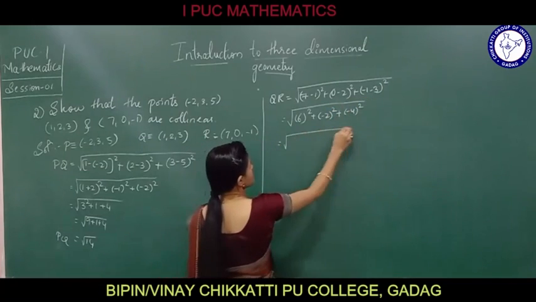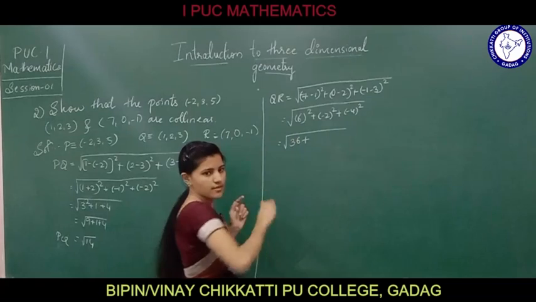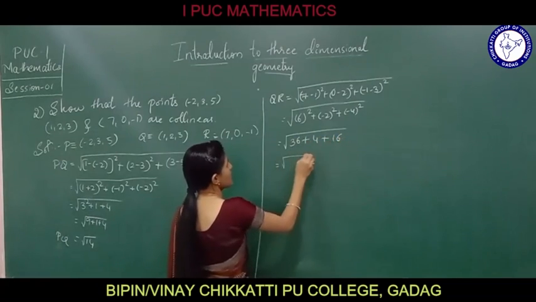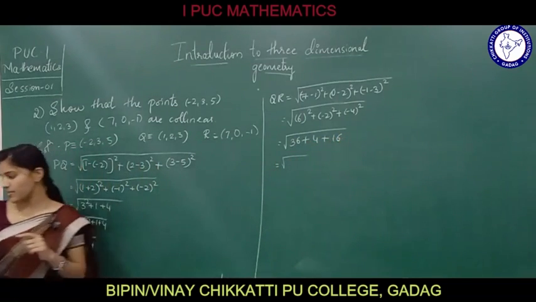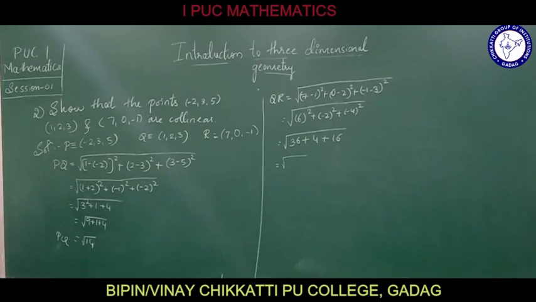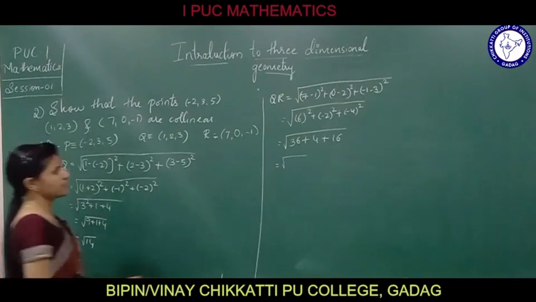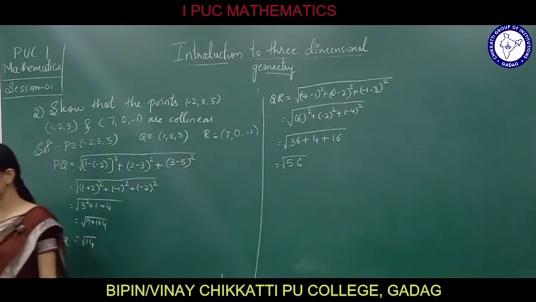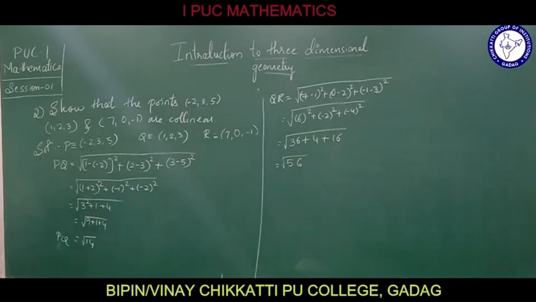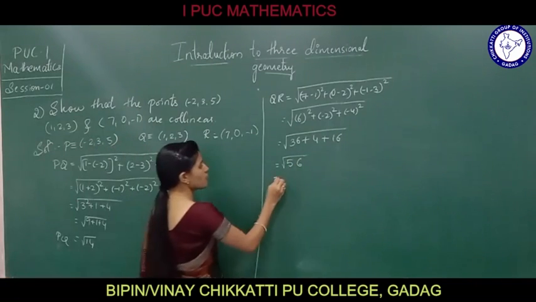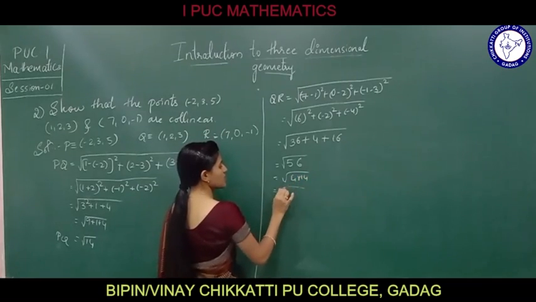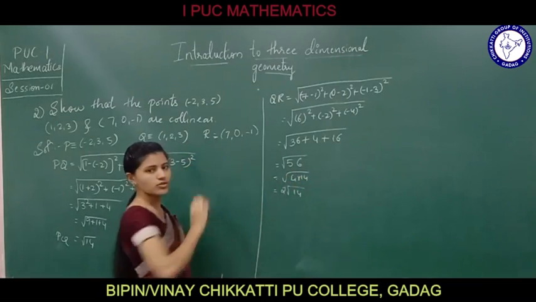Nothing but 6 square is 36, plus minus 2 square is 4, plus minus 4 square is 16. I got 36 plus 4 plus 16, which is root of 56. How can I write this root of 56? I can write it as root of 4 into 14, nothing but 2 root 14. This is QR.